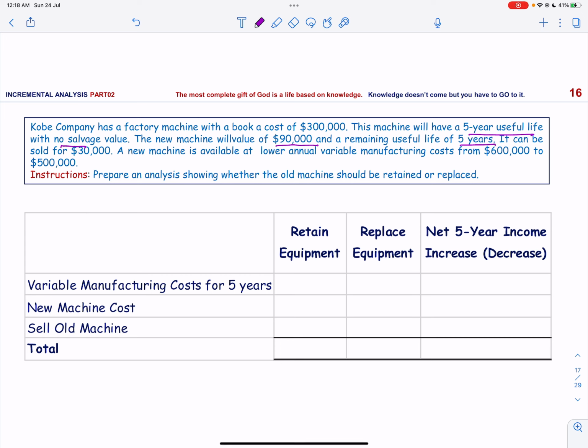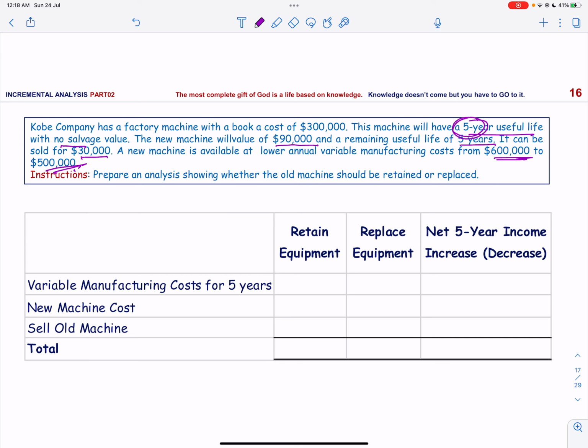It can be sold for 30,000. A new machine is available at a cost of 300,000 with a lower annual variable manufacturing cost, from 600 to 500, for a period of 5 years. Prepare an analysis showing whether the old machine should be retained or replaced.